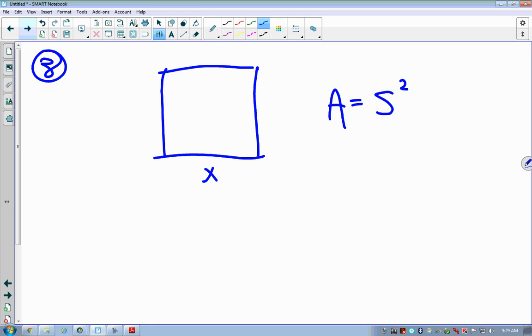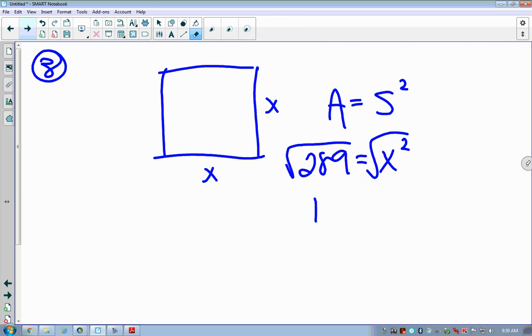So if I already know the area, can I substitute in for A? What can I substitute in for A? I can sub in 289 equals x squared, right? So how can I find x? Square root of 289. Okay, what's the square root of 289? 13. Okay, is it 13?